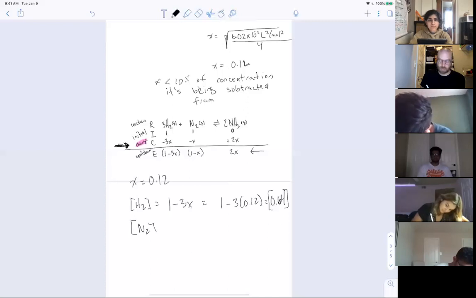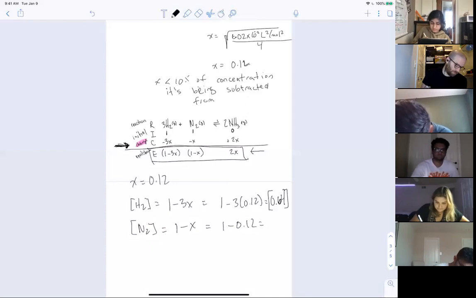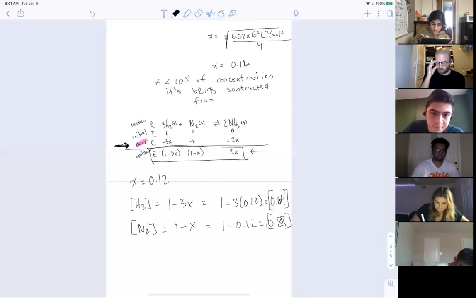What's our nitrogen concentration going to be? It's going to be equal to 1 minus x. We're defining our equilibrium values as these expressions, so it's just 1 minus 0.12, which is 0.88 molar.